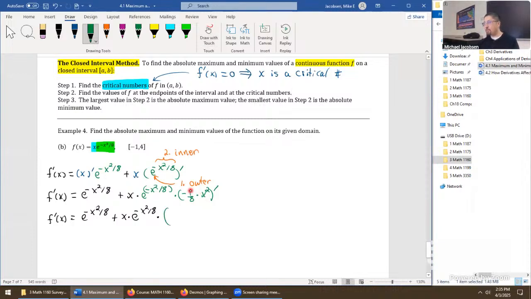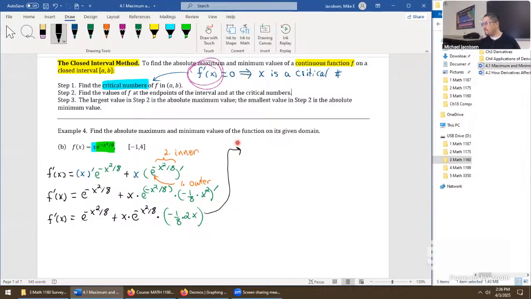Constant multiple rule would say we get negative 1/8 to start, times, over here, power rule will give us 2 times x to the power 1, so just 2x. And that's starting to look like a nice cleaned up derivative. We're just going to simplify it a little bit more. And also keep in mind, we're only on this step right here. We're finding the derivative. Next step is to set it equal to 0 and solve, but we're getting there. Step 1 is where most of the work happens in the closed interval method.